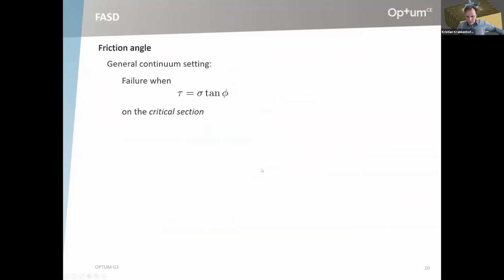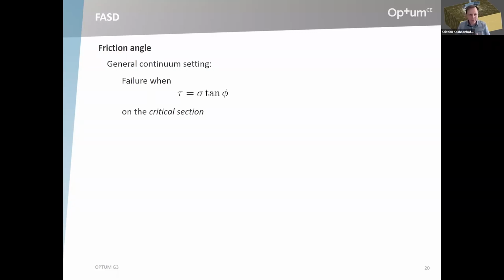So again, like everything else pretty much in geotechnics, it starts in 2D and then you generalize in a more or less straightforward way to 3D. You can generalize the Coulomb criterion to 3D by saying that failure occurs once this Coulomb criterion is satisfied on some plane within the material.